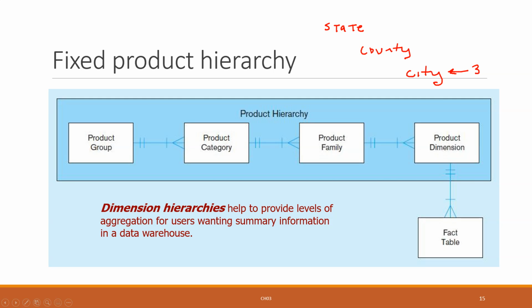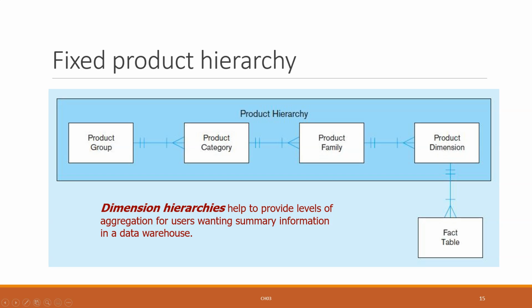This is 3. And then if we were going to model this into our data warehouse, city would be closest to the fact table because it is the smallest or lowest level of that hierarchy. That means state would be off here, this would be county, and this would be city, and this wouldn't exist.